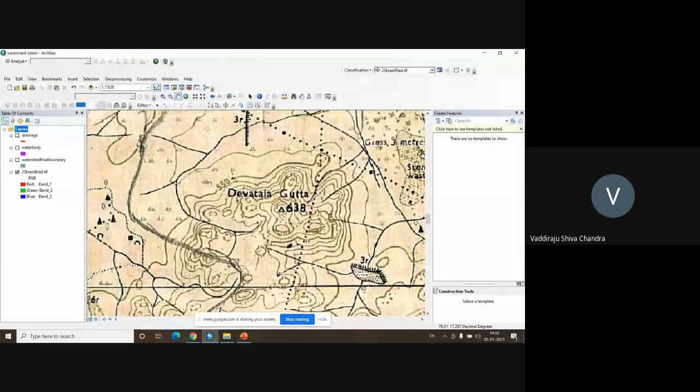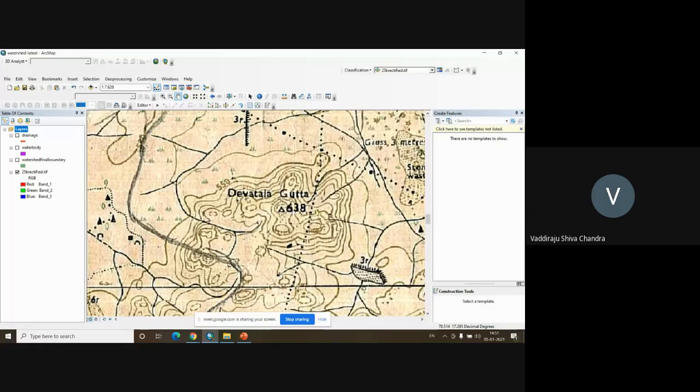You can see from 550 meters it is going up to 638 meters, so it's a representation of a hill. Can you select this site for reservoir construction? No, sir. Because it is a hillock.